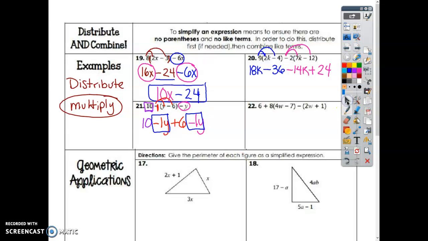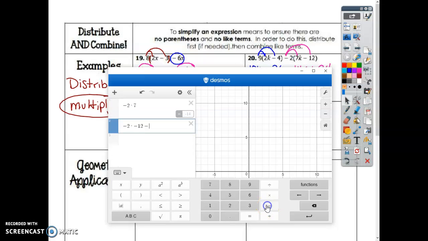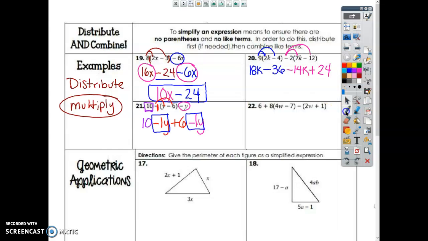So in the calculator, all you have to put is negative 1 minus 1. Negative 1 minus 1 is a negative 2. Negative 2y. Okay? And then what's 10 plus 6? Positive 16. Okay?